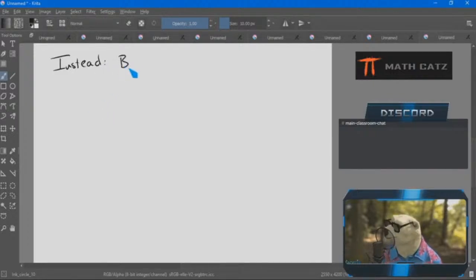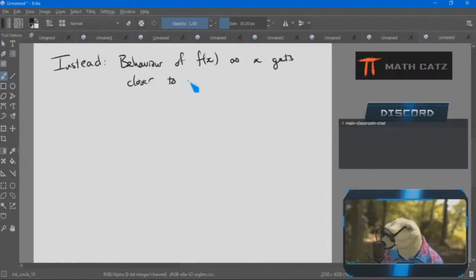We can ask for the behavior of, well, it doesn't matter what the function is, as x gets closer to some c value, could be 0, could be anything. Now there are two cases. I might want to ask, I want to get closer to c just from the right. And then what we're going to do is we're going to let x approach c.